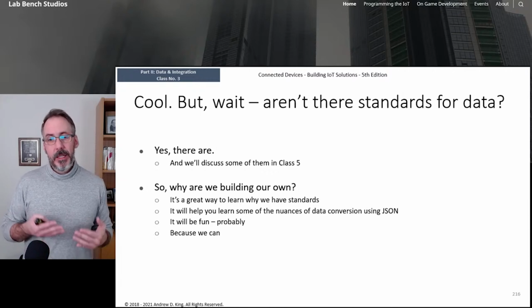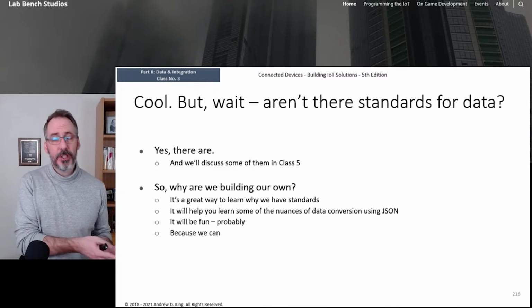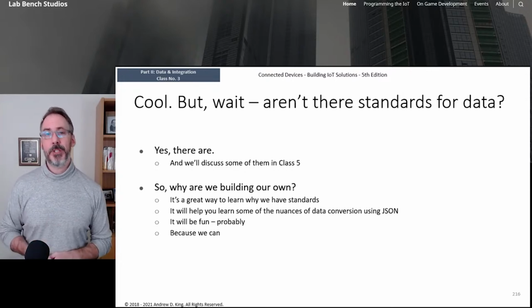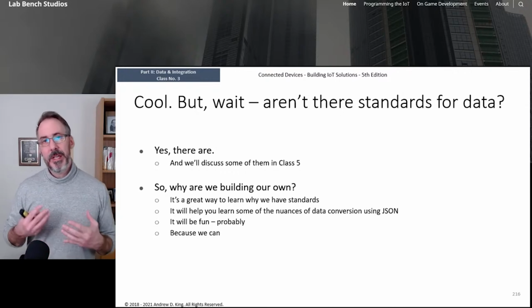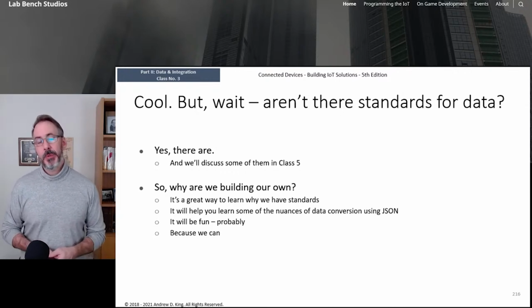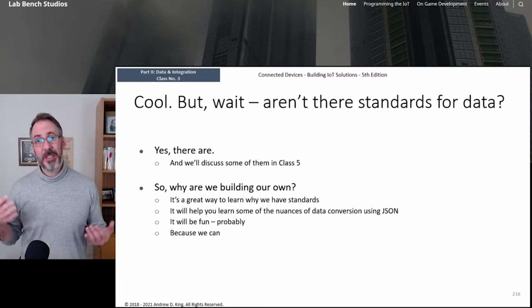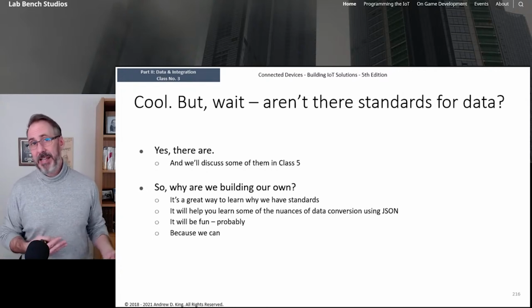And frankly, this is going to help you understand the nuances of converting your data into something called JSON, or JavaScript Object Notation. This is a really important data formatting scheme to understand because, first of all, we're going to use it pretty heavily within this class to communicate between not just the constrained device app and the gateway device app, but also with the cloud and back again.